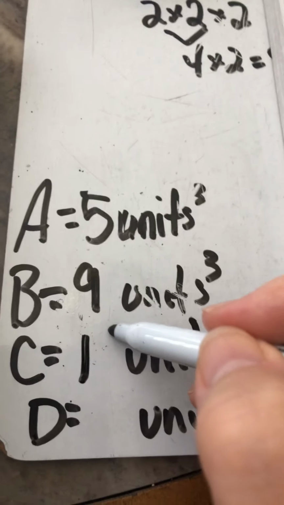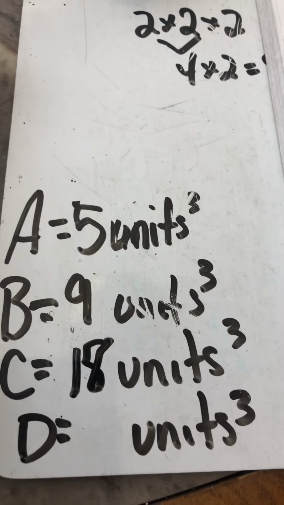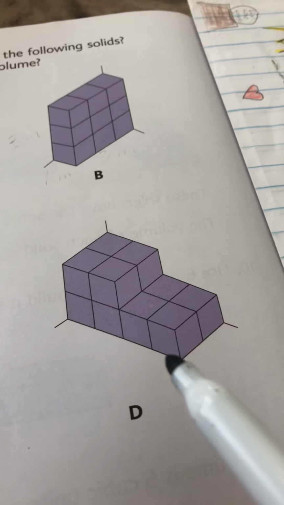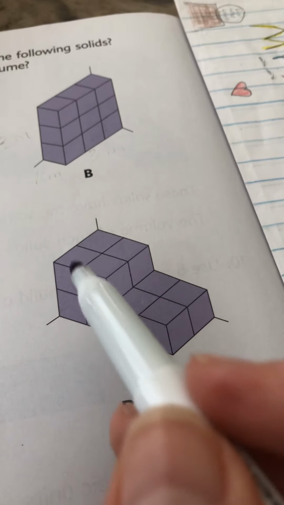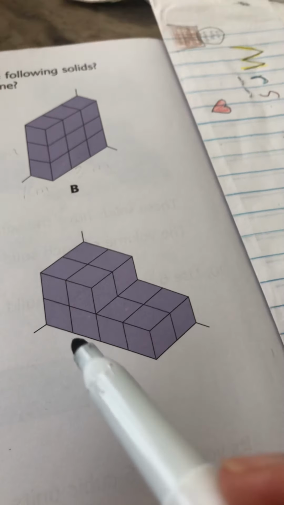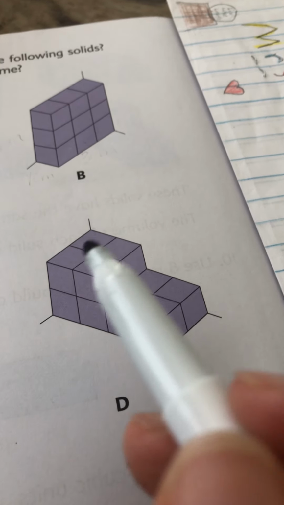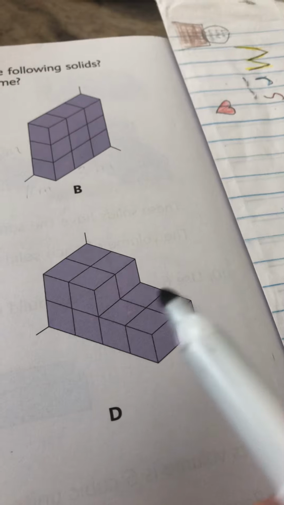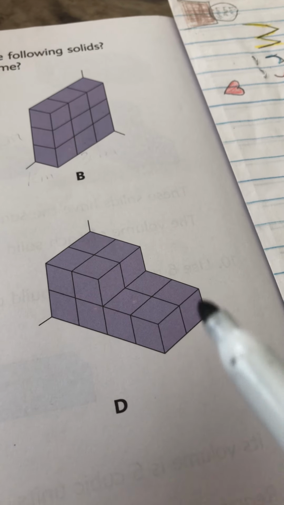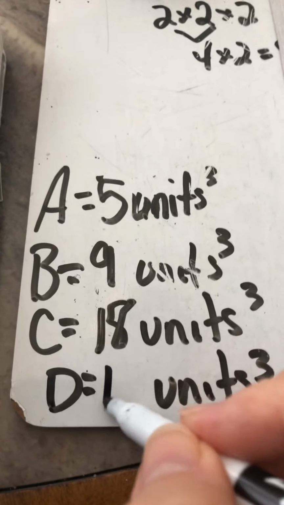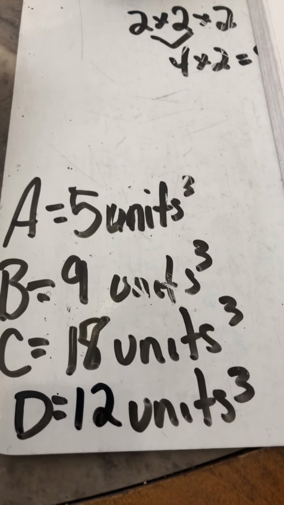So C equals 18 units cubed. And then D. Well, I know there are 4 on this upper level, which means there are 4 down below it. So 4 plus 4 is 8, 9, 10, 11, 12. So D would be 12 units cubed.